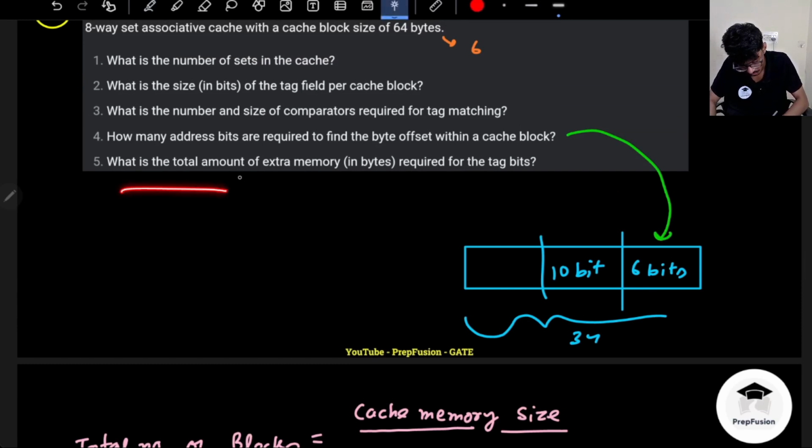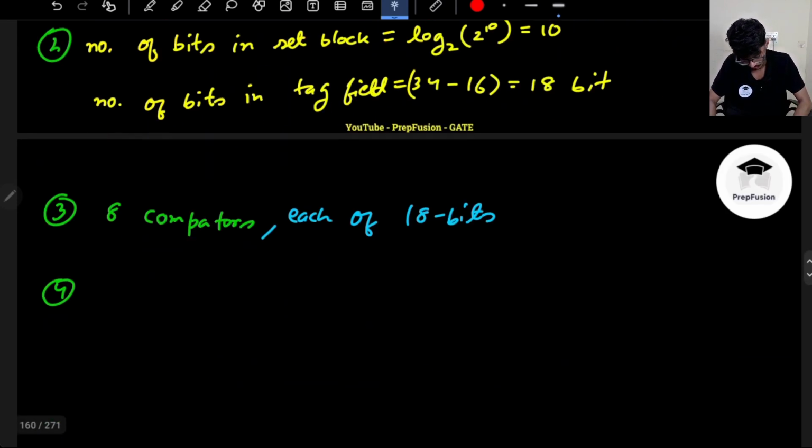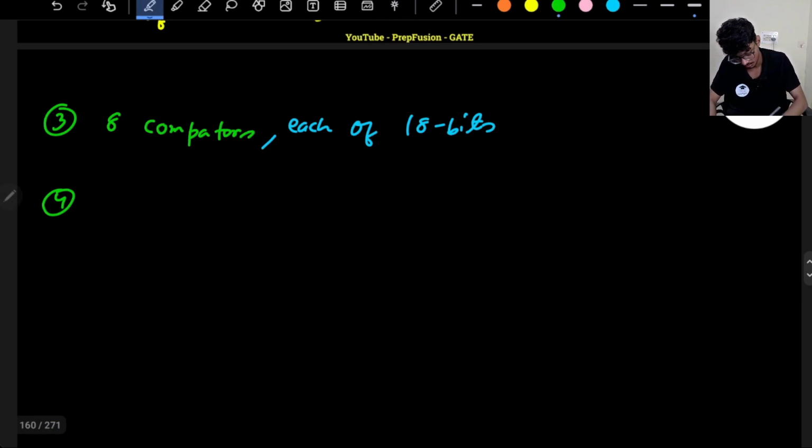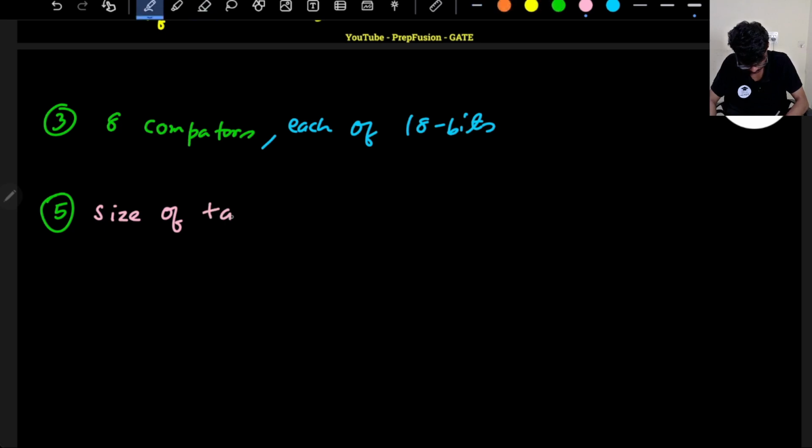What is the total amount of extra memory in bytes required for tag bits? So basically they are asking the size of the tag directory. So the fifth one is the size of the tag directory.